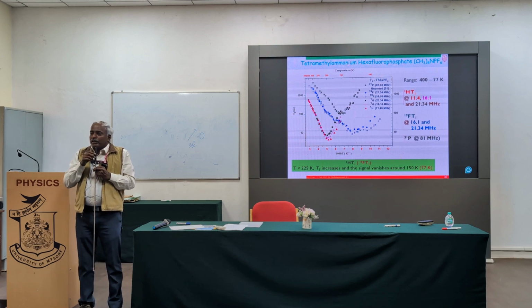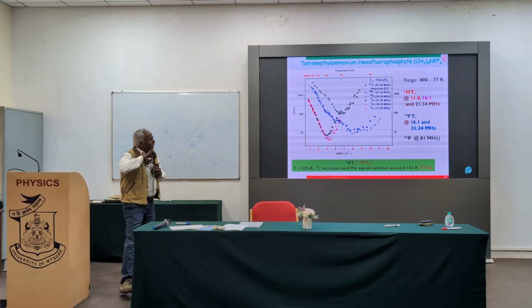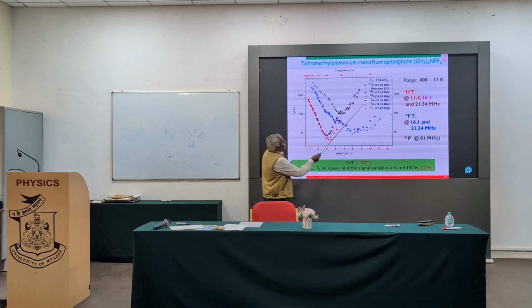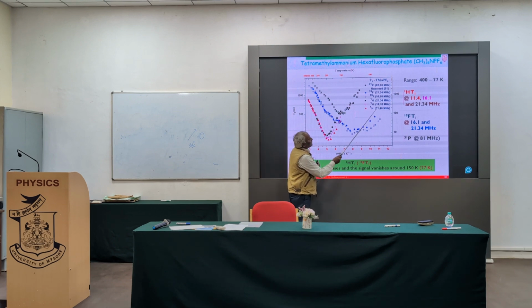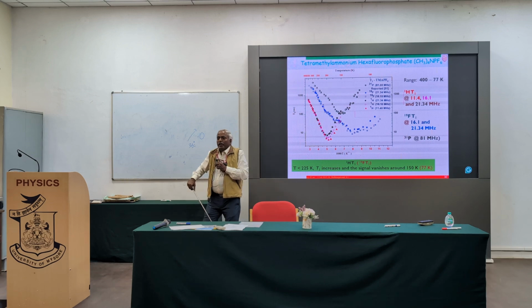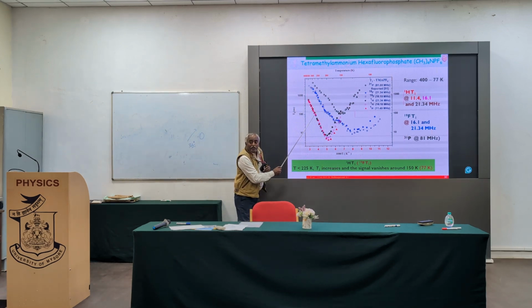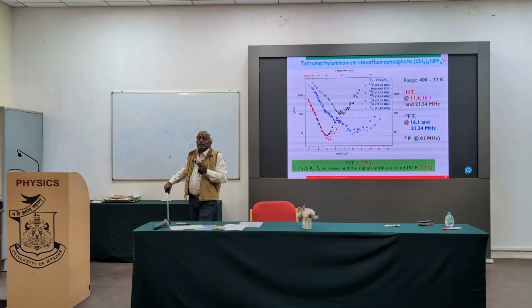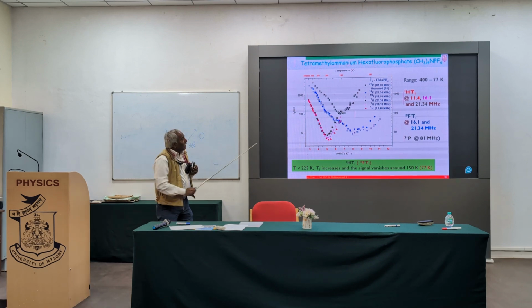To cross-check the repeatability of the experimental results, just for the proton itself, I measured it at 11 MHz, 16 MHz, and 21 MHz. At high temperature, all the data points should be the same. The relaxation time doesn't depend on the frequency at which you operate in the high temperature range.